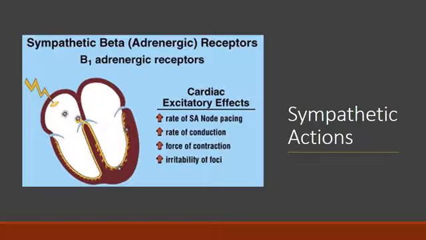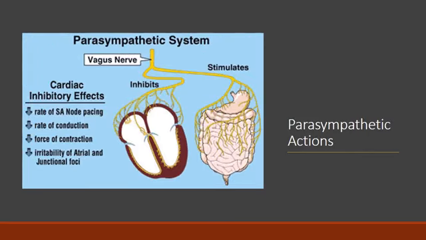We're going to see an increase in the strength generated by the muscles, and then we'll also see, as a result of that, an increase in the irritability of the other foci along the way. So if you give, let's say, a catecholamine like epinephrine, one of the side effects is that you can see other sites depolarize. We can see that typically in the ventricles, where we may see a premature ventricular contraction, or PVC.